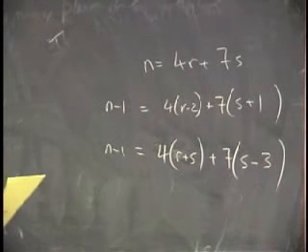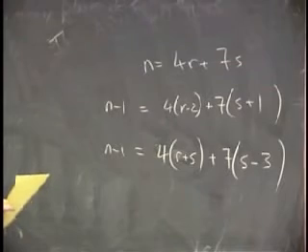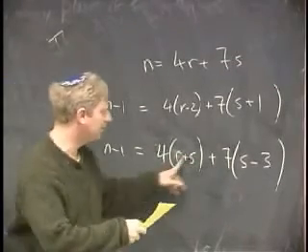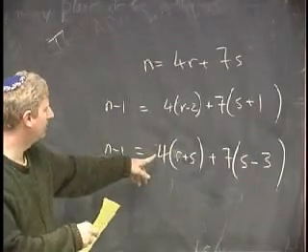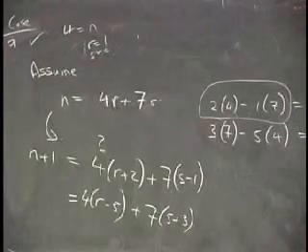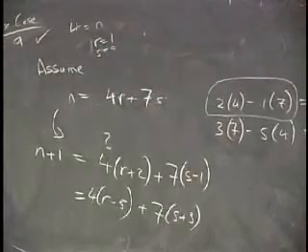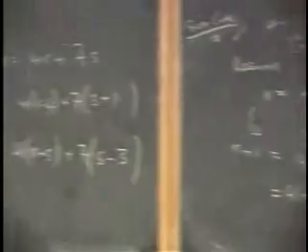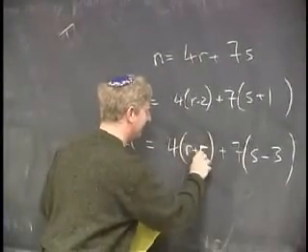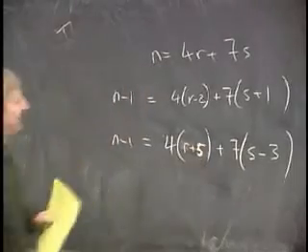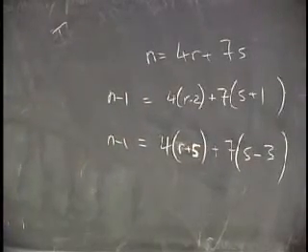Did I get that right? Are these backwards, R and S? Is this right? Everything's fine? Good. All right. So the 5 and the S look exactly the same.